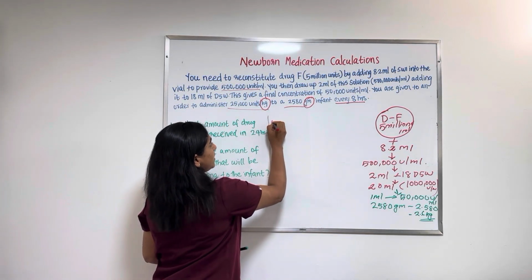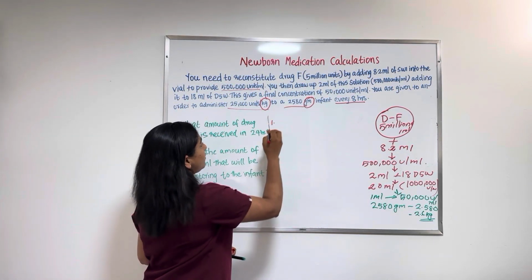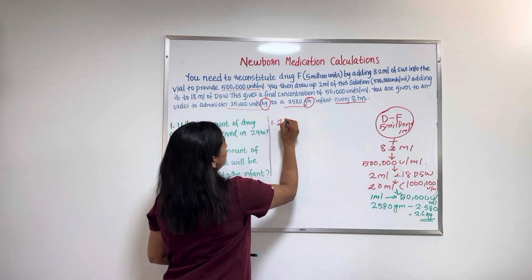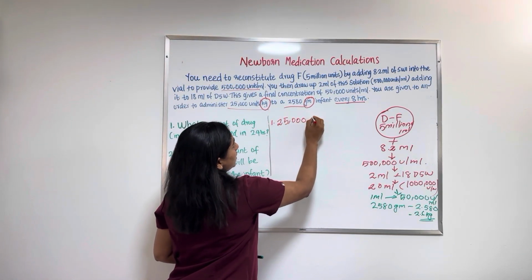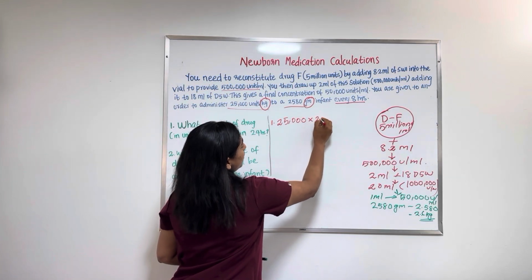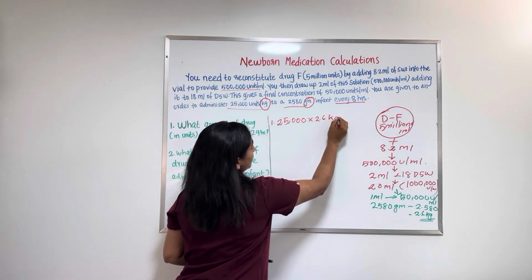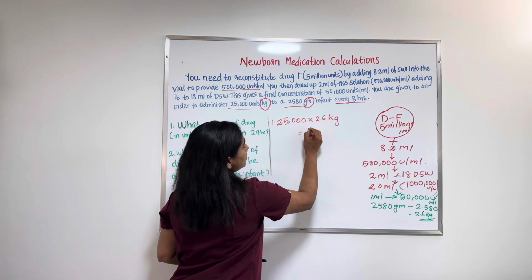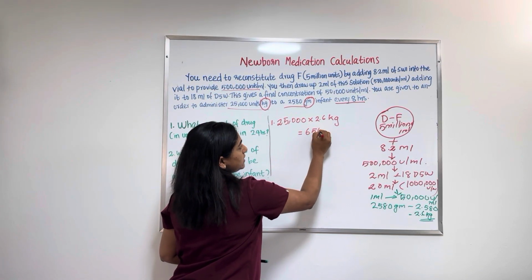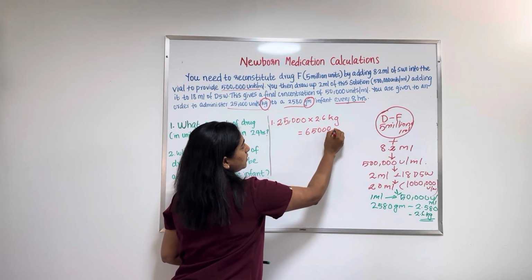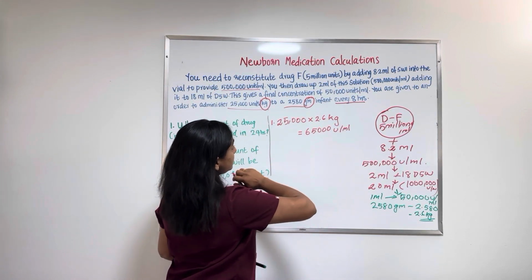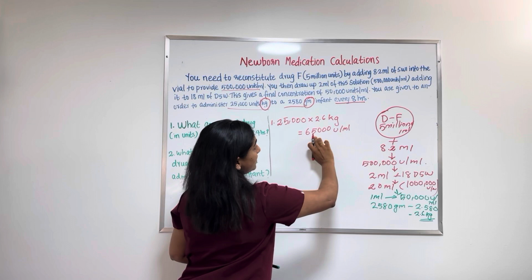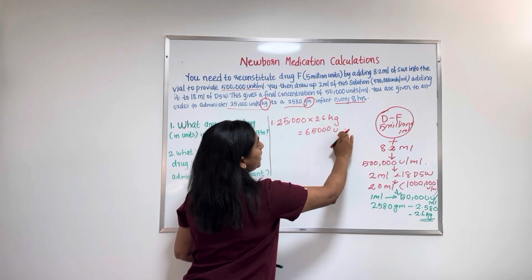So for question number 1, we can find out for 8 hours: 25,000 units into 2.6 kg is equal to 65,000 units for 8 hours.